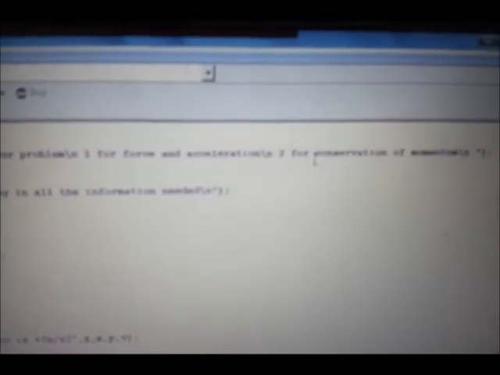Okay, and we found if else looping again. The program asks for 1 for force and acceleration, and 2 for conservation of momentum, and we choose 2 for momentum.